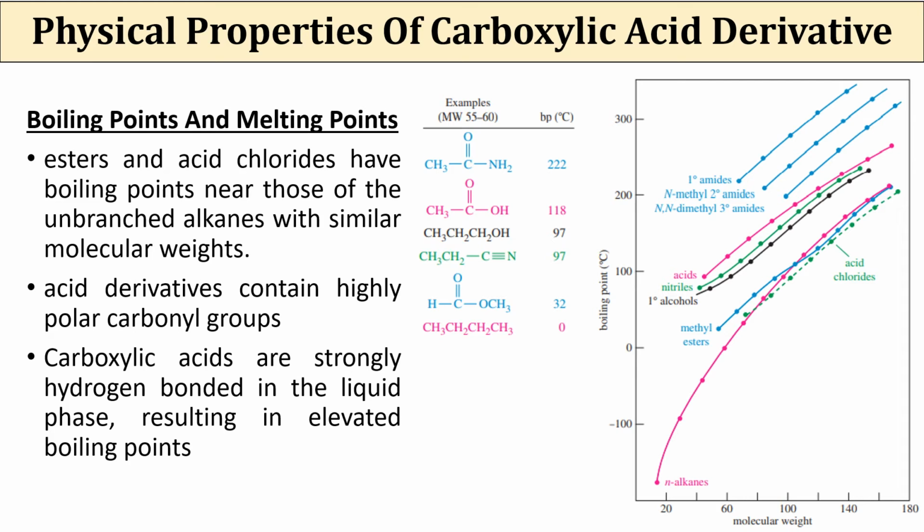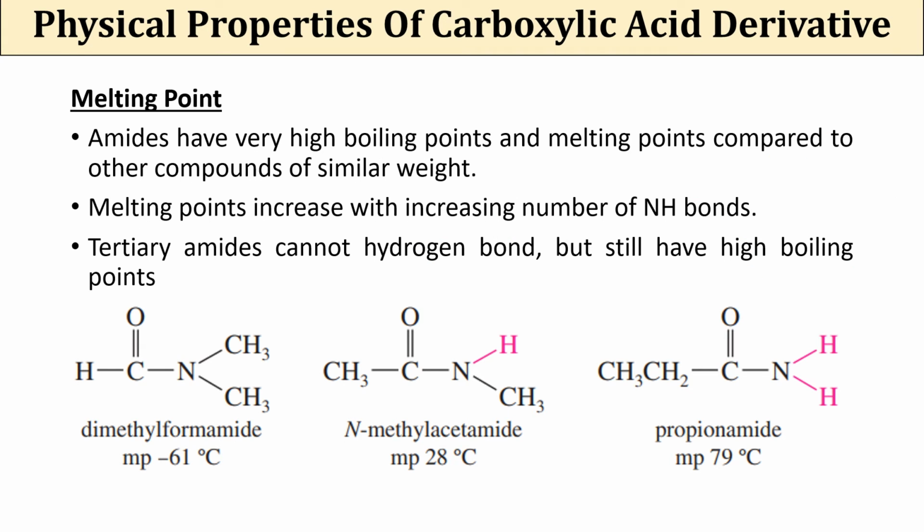But still they have high boiling points, close to those of carboxylic acids of similar molecular weight. Melting points: amides have very high boiling points and melting points compared to other compounds of similar weight. Melting points increase with increasing number of nitrogen-hydrogen bonds. Tertiary amides cannot form hydrogen bonds but still have high boiling points.